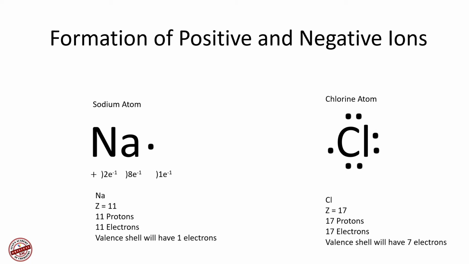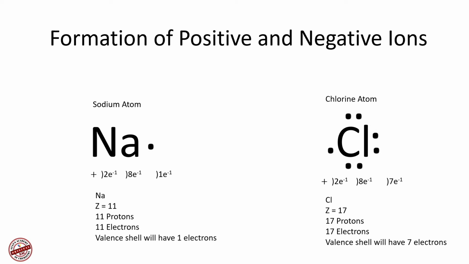Similarly, chlorine atomic number is 17, has 17 protons, 17 electrons, and the valence shell will have 7 electrons. So the first shell has 2 electrons, the second shell has 8 electrons, and the last shell or the valence shell has 7 electrons. And in the Lewis diagram that we have shown here with the symbols, we have 7 dots surrounding chlorine. So we have only shown the electrons that are present in the outermost shell or valence shell.